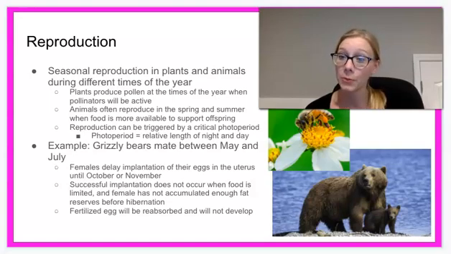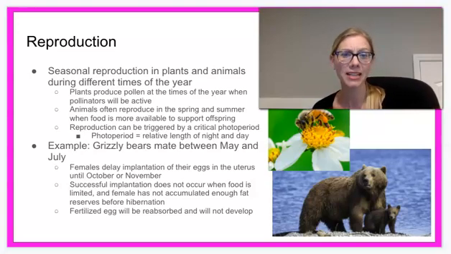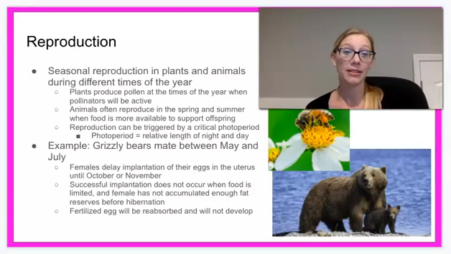Reproduction can also be triggered by what we call critical lengths of the day. We call them photoperiods, right? And a photoperiod is just the relative length of day and night to each other. So that's one way for organisms, right, to be able to tell that it might be time to reproduce. An example is grizzly bears. They tend to mate between May and July, right? And females actually delay implantation of their eggs in their uterus until October or November.